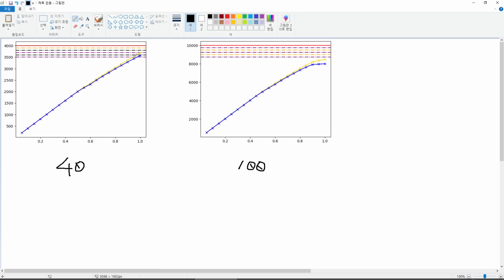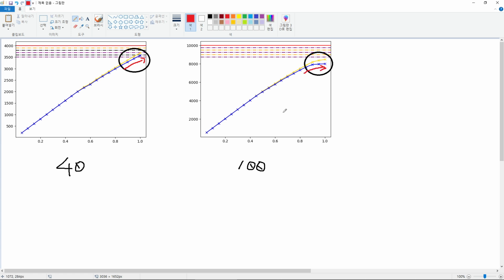I also used Paint to bring these two plots together, and what I'm focusing on are these areas or regions.